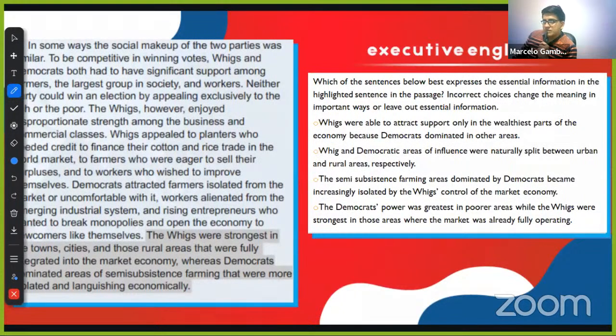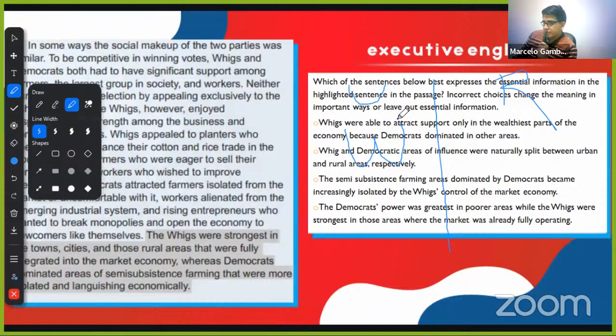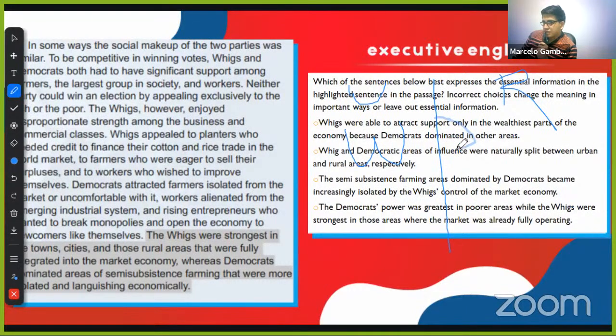Basically, if we divide into, let's say, urban and rural, let's say this is urban areas, and this is rural areas. The Whigs basically were very strong here, but they also have a very significant portion here. Hold on.